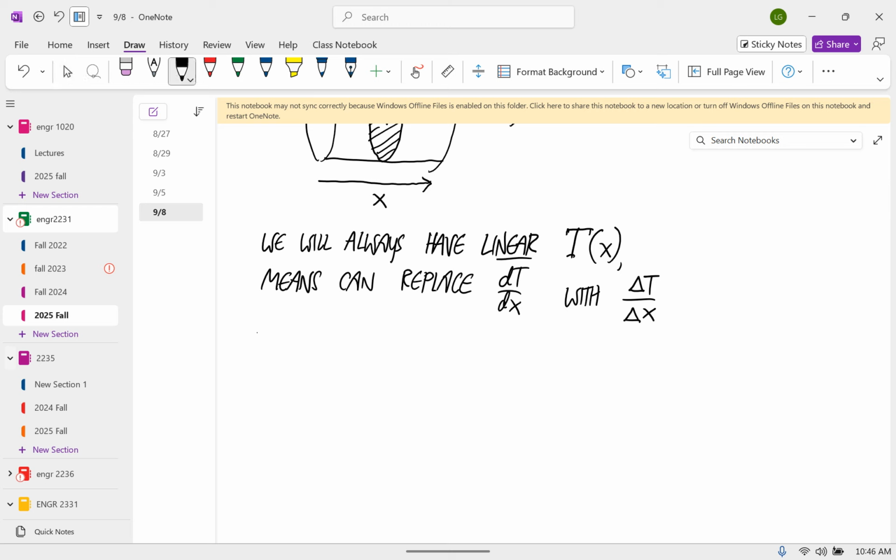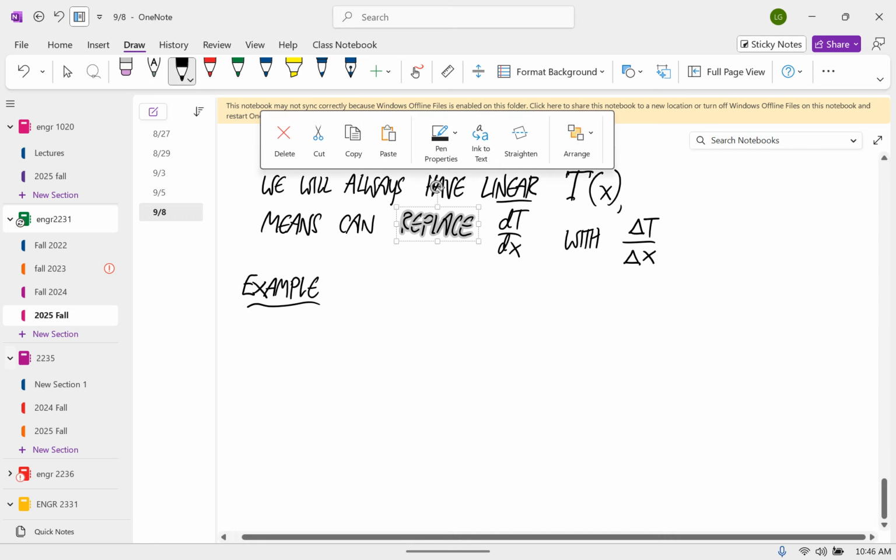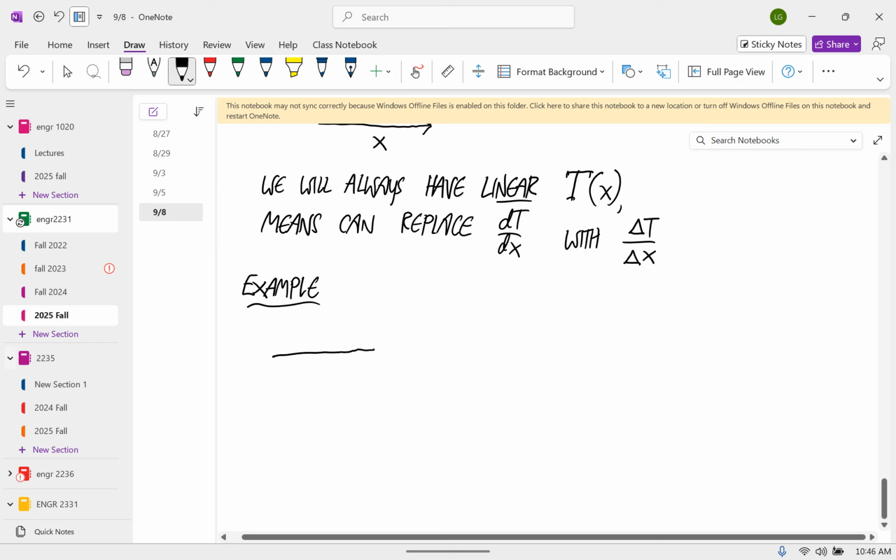We don't have time to do this right now, but I'm going to write out the example problem that we're going to start with next time. If you want to try to think your way through it, see if you can make sense out of it. So let's say we have this window.